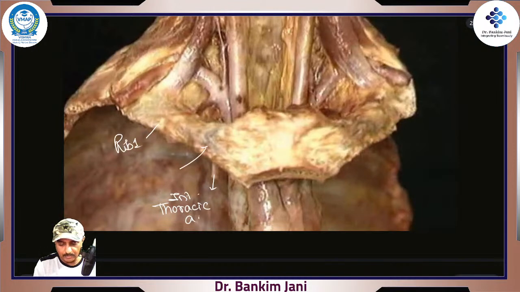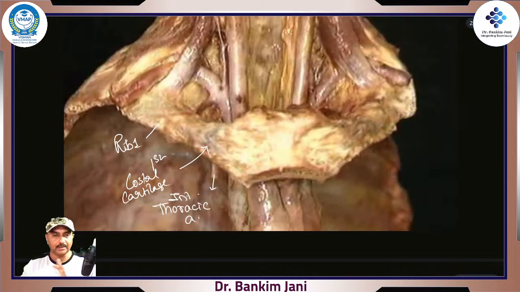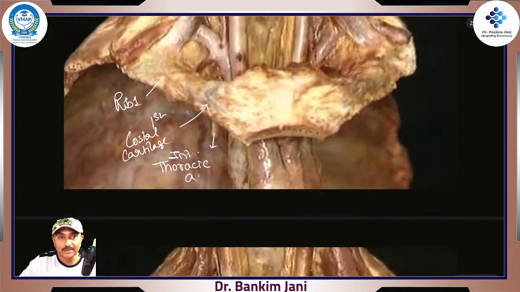So this one would be the first costal cartilage. So it runs behind the first costal cartilage, right? And then it goes back. But where exactly it goes? For this, this is a very different type of dissection which we are now about to do.